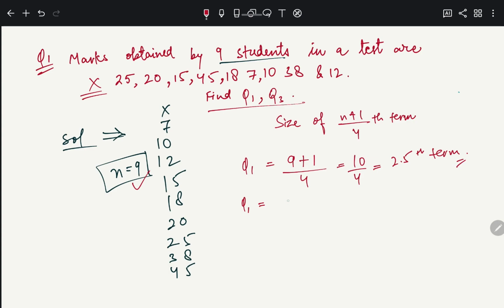When we get answers in decimals, we have to solve it like this: second item plus 0.5, whatever the decimal value given, we will add that and multiply by (third item minus second item).